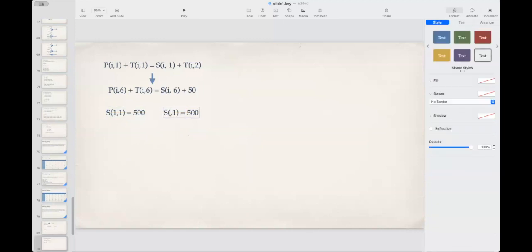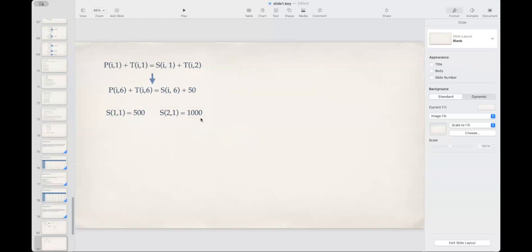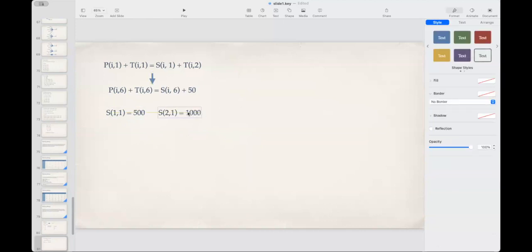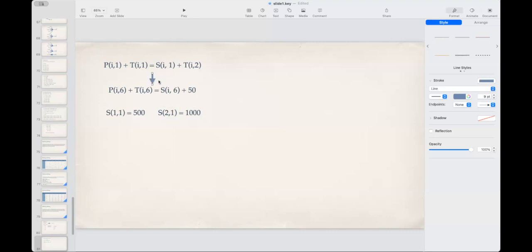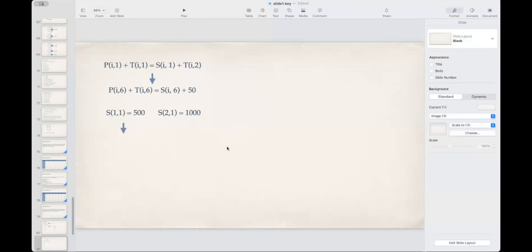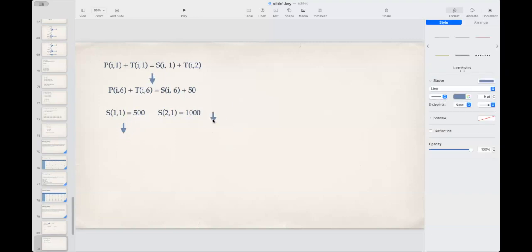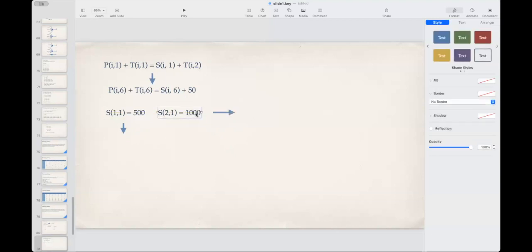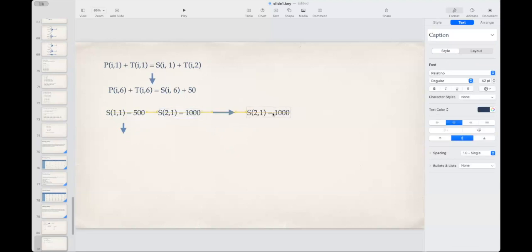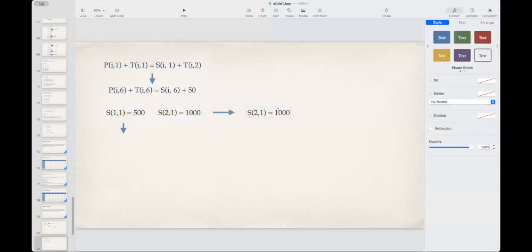This is product 2 for the first month: 1,000. We repeat it until this S of 7, 1 is 100.